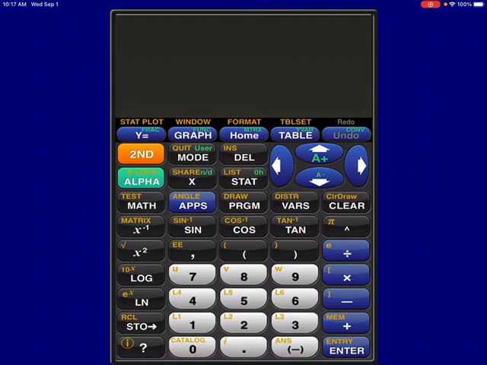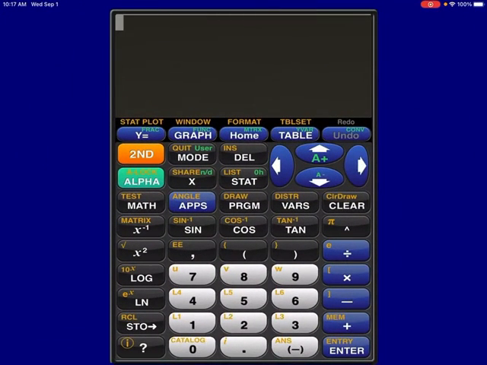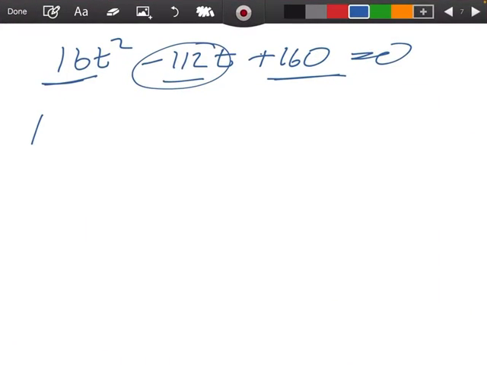Let's take 112 and see if we can divide it by 16. Oh, pretty, 7. So all that means is that we can take a 16 out of here. Now we have t squared minus 7t plus 10 equals 0.